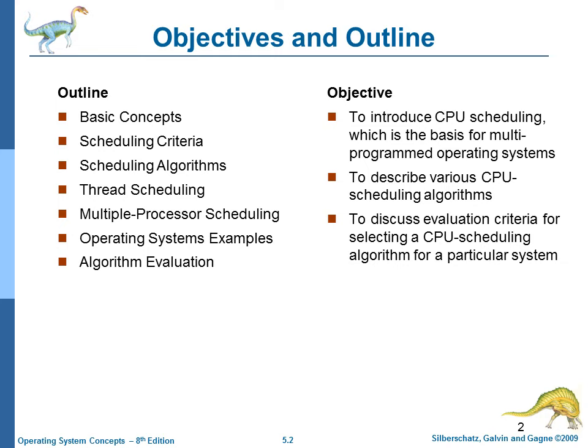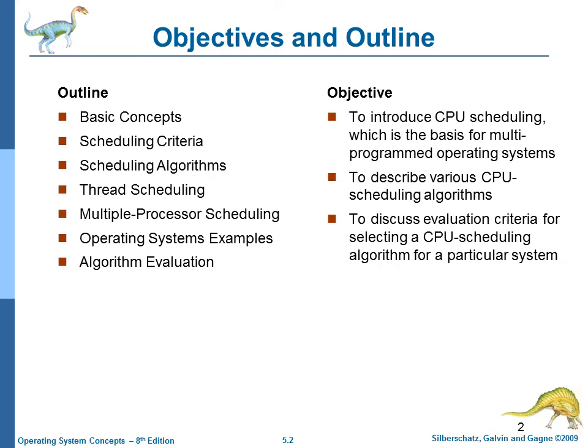First of all, the outlines are basic concepts regarding operating system structures and components, scheduling criteria, scheduling algorithms, thread scheduling, multiple processor scheduling, operating system examples, and at the end a number of methods to evaluate algorithms.